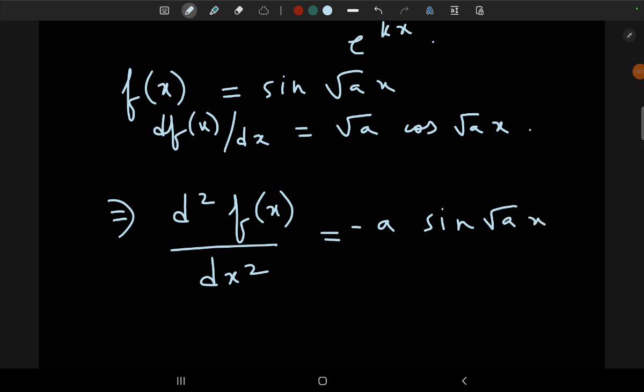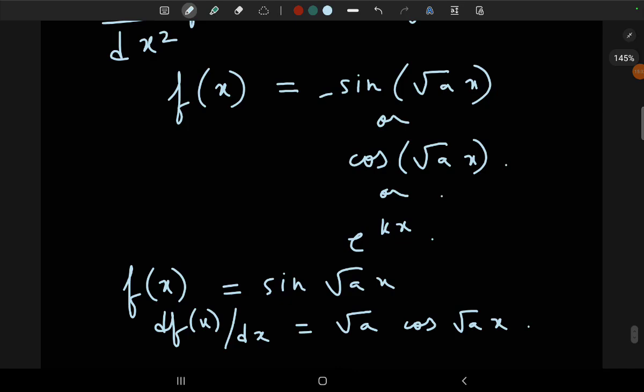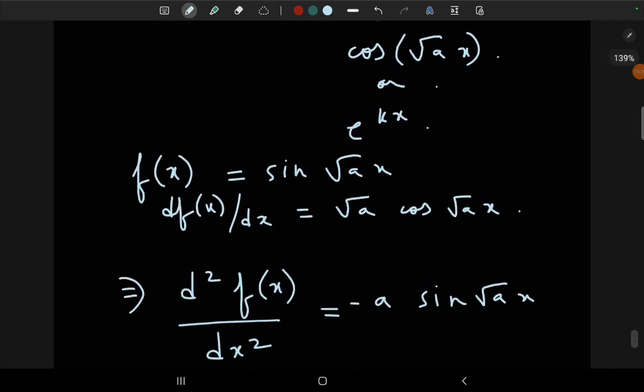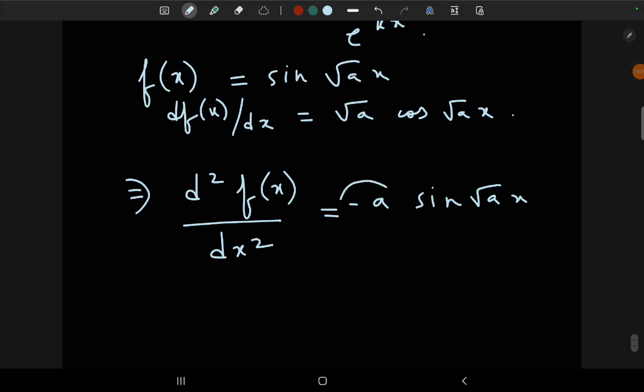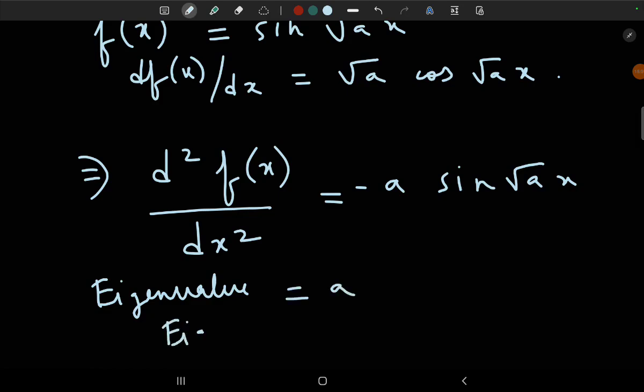So what we should have started with was a minus sign, and this is a constant, so it doesn't really matter, and the sign can be different. The sign is not an issue for eigenvalue equations. So if you have an equation with eigenvalue a, then eigenvalue minus a is also accepted. The sign reversal is not an issue for an eigenvalue equation.